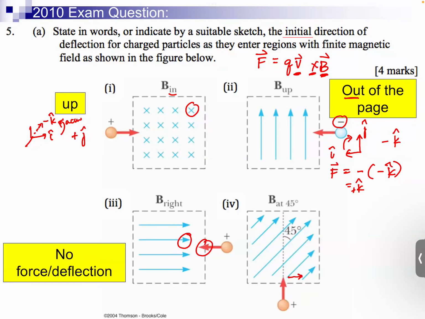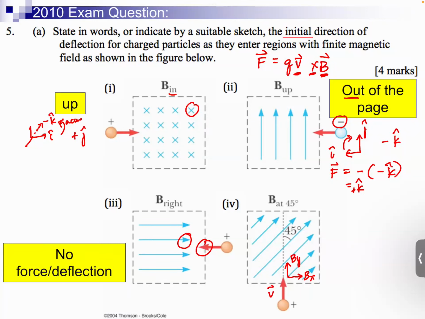be broken down into horizontal and vertical components. So you have the X and Y components of your magnetic field vector. The Y component is parallel to the velocity vector, hence the Y component will not contribute to the force.